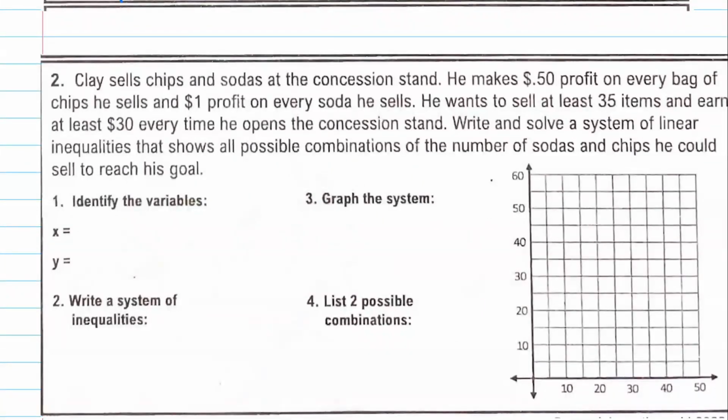So one of the hard parts is going to be, what do I let X and Y represent? So what don't I know? I know how much money he's trying to make, so that's not a mystery. What I don't know is how many chips and how many sodas he's going to sell.